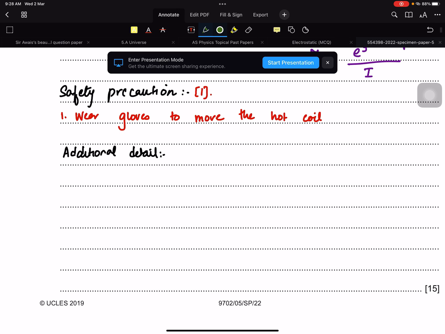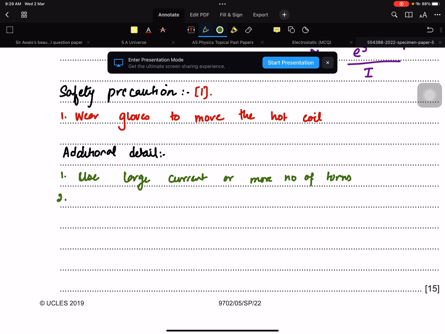So let's write the first one. Always remember whenever the magnetic field question comes, make sure that you use either a large current or more number of turns. This is because it produces large EMF, right?